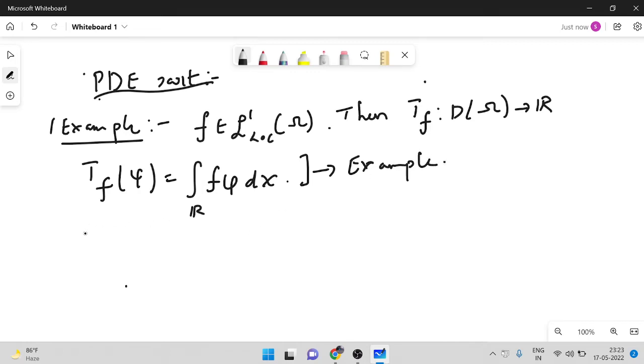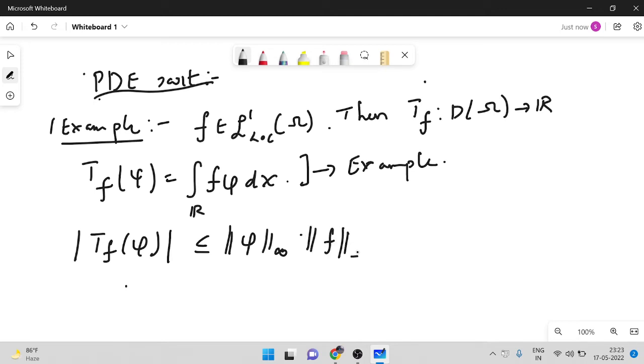It is a bounded linear map: the absolute value of Tf of phi is less than or equal to the norm of phi in infinity, because it's a continuous function, times the norm of f in L1, taken over the support of phi. Because the support of phi is compact and f is a locally integrable function, this is a bounded linear map.